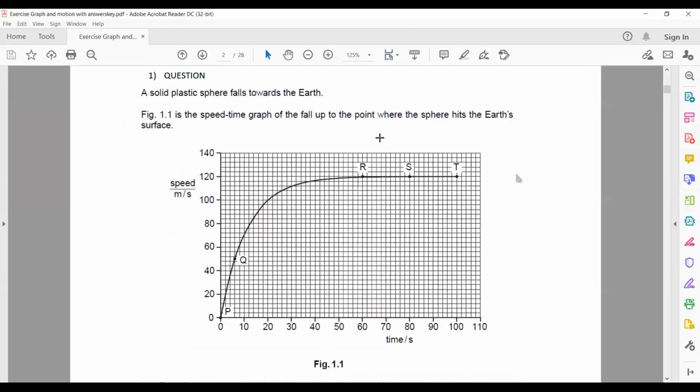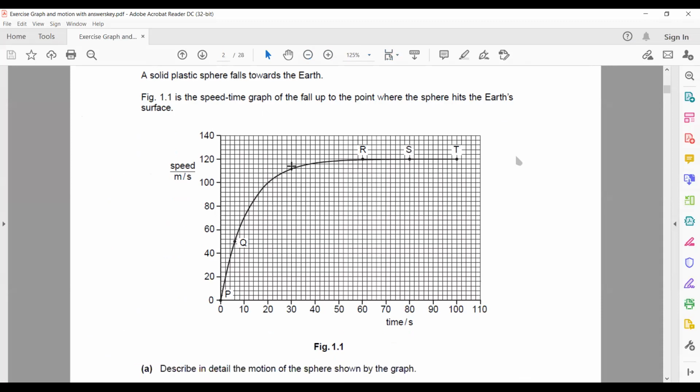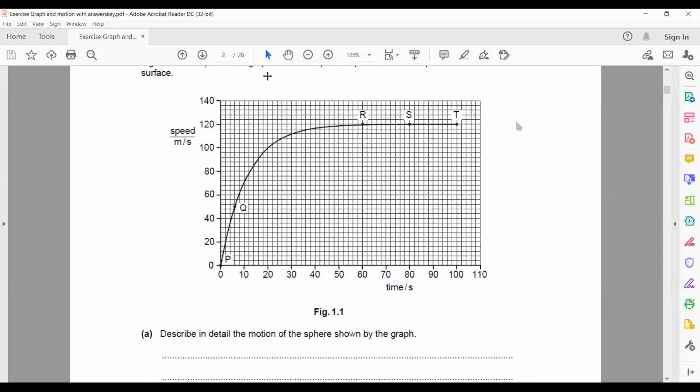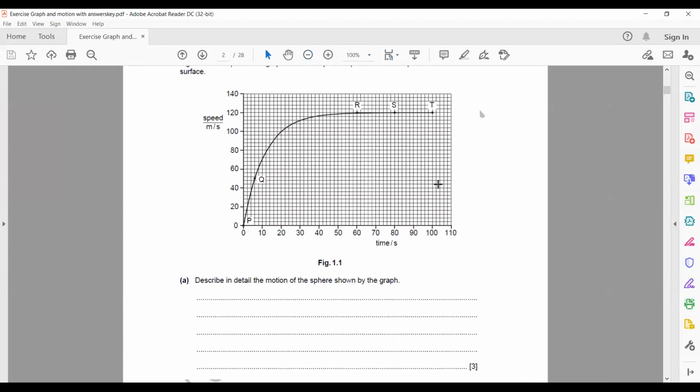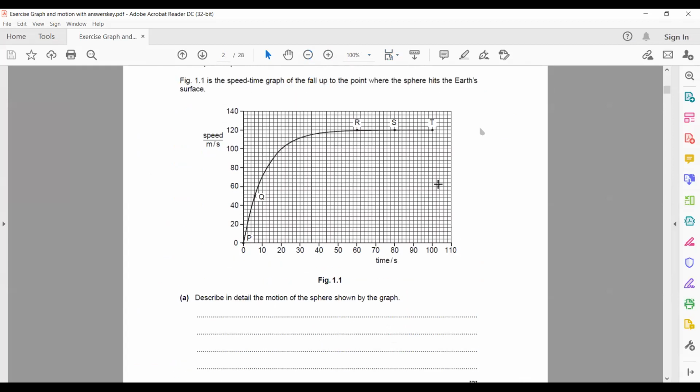So the first one: a solid plastic sphere falls towards the earth, so it is moving towards the earth. Figure 1.1 is a speed time graph of the fall up to a point where the sphere hits the earth. Describe in detail the motion of the sphere shown in the graph.